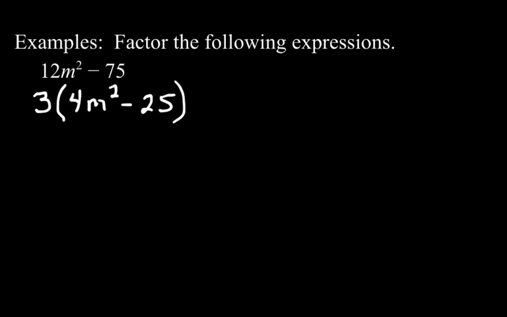Now we can see, hopefully, that these are perfect squares. So I'm going to put brackets here because the 3 has to stay there. How could I rewrite the 4m squared as a perfect square? Well, 2 times 2 is 4, and m times m is m squared. Then we've got the minus sign, and we should have another perfect square over here.